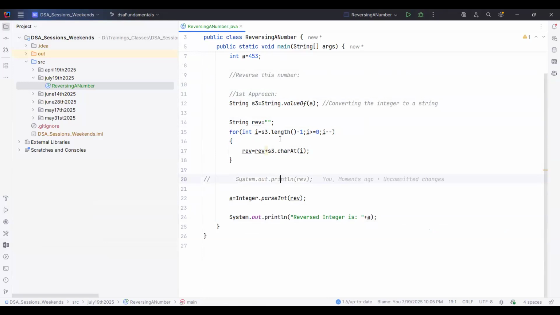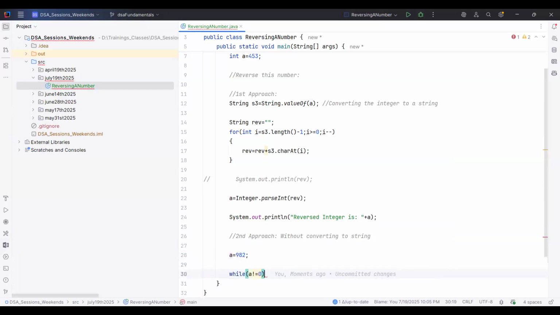But what is the second approach? Without converting to a string. So I'll say a equal to 982. The first condition is while a not equal to 0.